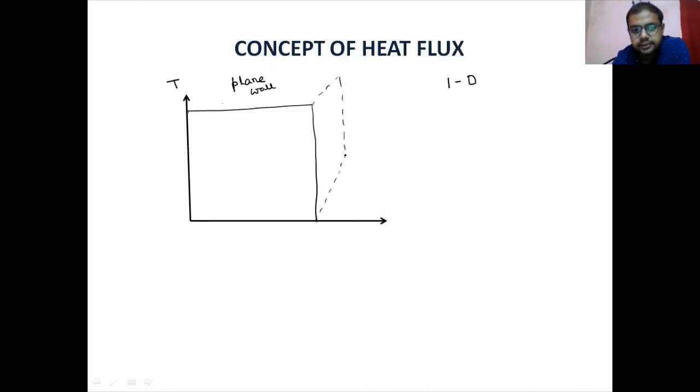This is one surface of the wall, and this is the other surface. This surface has the high temperature TH, and this surface has the low temperature TL.